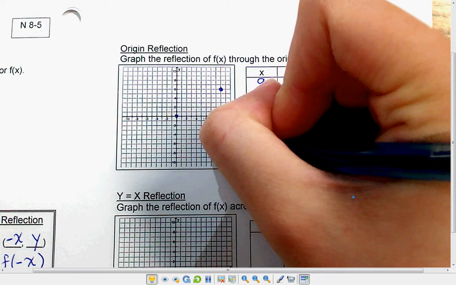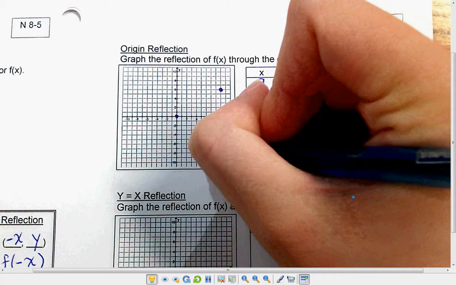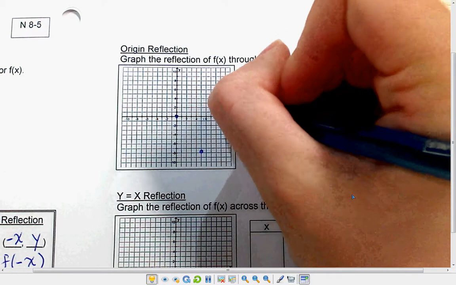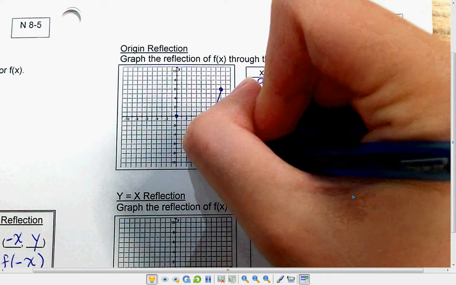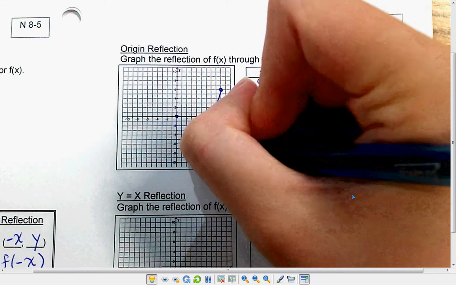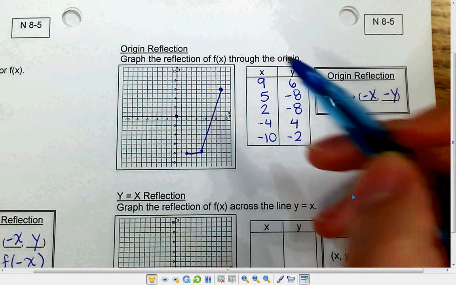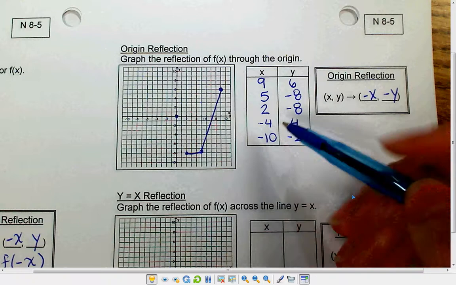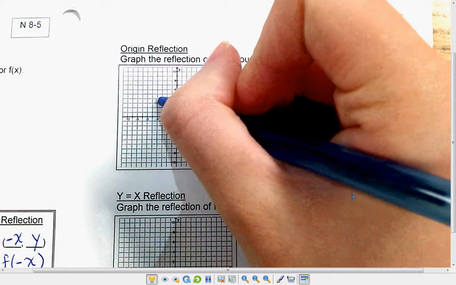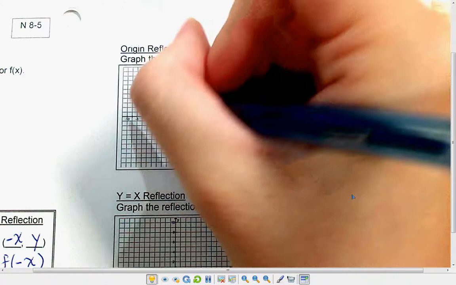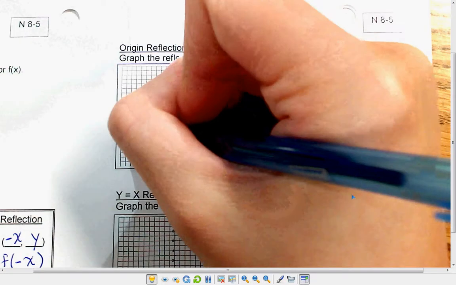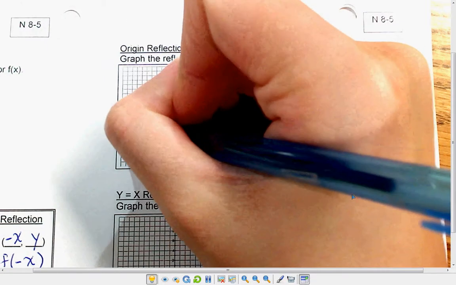Negative 8 is my y value. It's right here. Connect them. 2, comma, negative 8. So there's that first section of my graph again. And negative 4, positive 4. And then negative 2, negative 2. Or negative 10, negative 2.